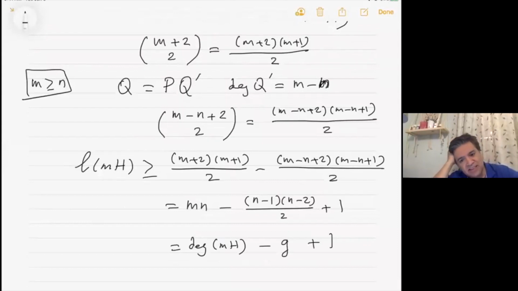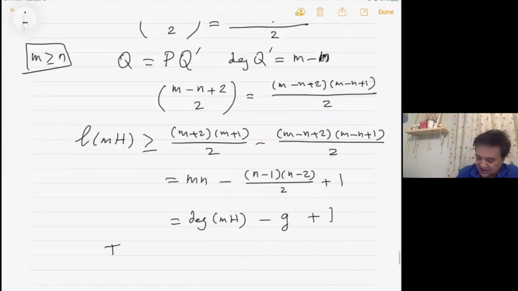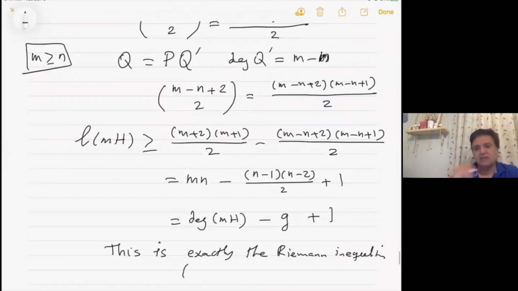And you see that this is exactly the Riemann inequality for mH. And it is not hard to derive the exact Riemann-Roch out of these calculations.